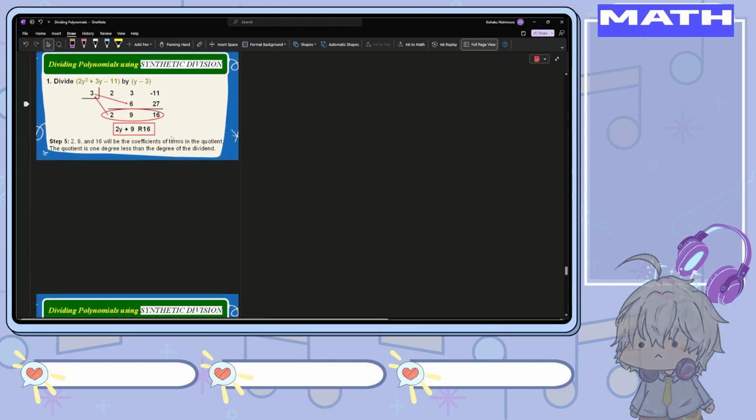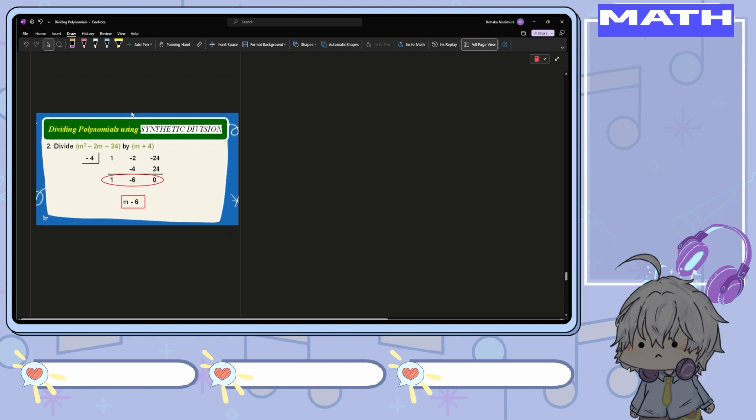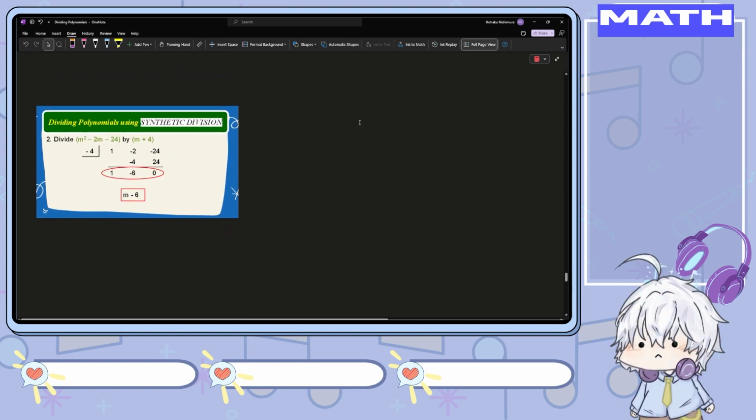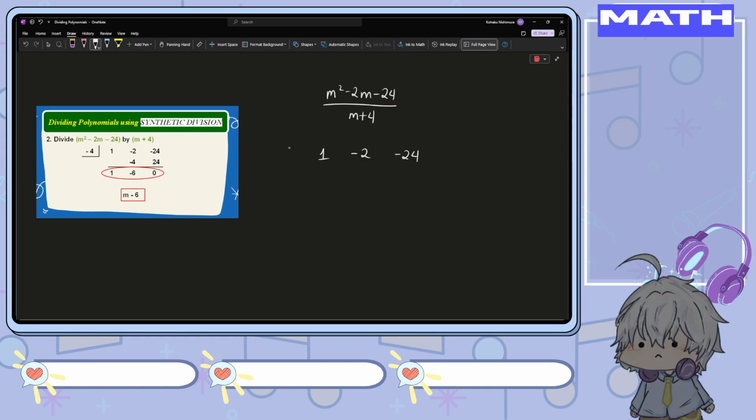Okay, so we arrive at the same answer. Just to confirm if this is true, I will do this quickly. Writing m squared minus 2m minus 24 divided by m plus 4. We write their numerical coefficients in order. m squared is 1, m is negative 2, the constant is negative 24.